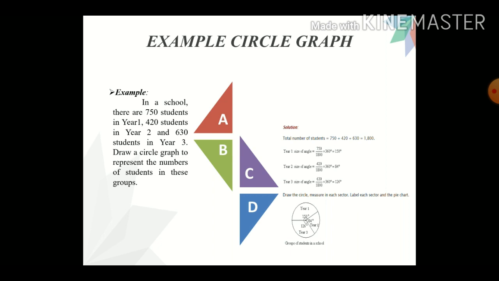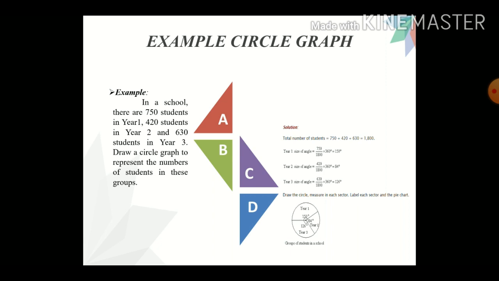Year 1. Size of angle equals 750 divided by 1800 times 360 degrees, equals 150 degrees. Year 2.